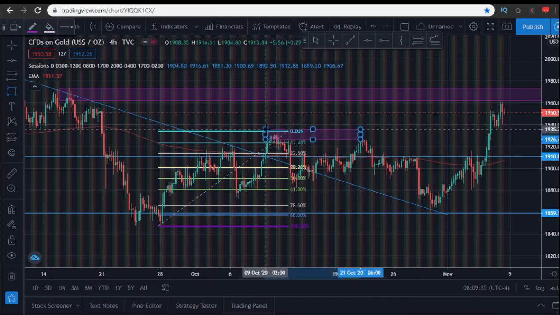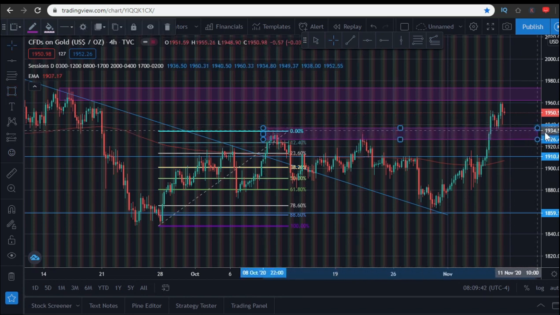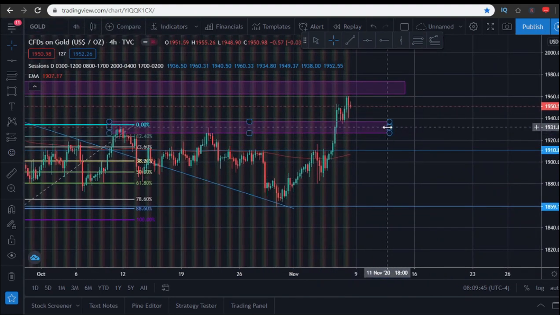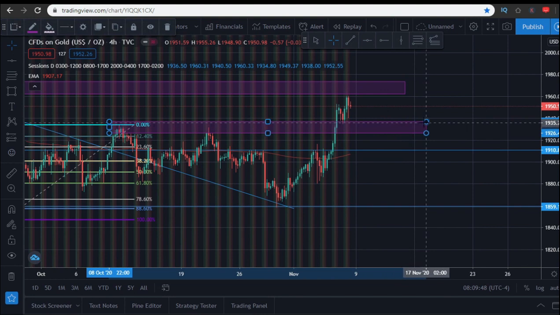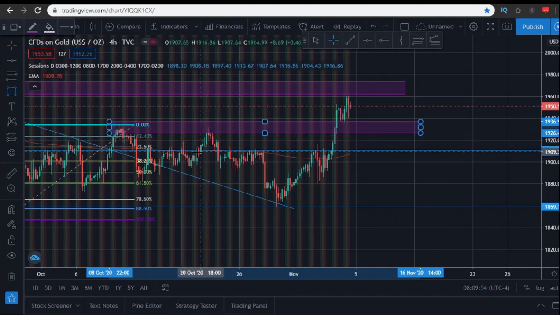Your zones, you're never wrong or right with your zones. It's just the areas in the market where price respects. It might not reverse at your zone that you mark up, but it might show some type of consolidation before going through.